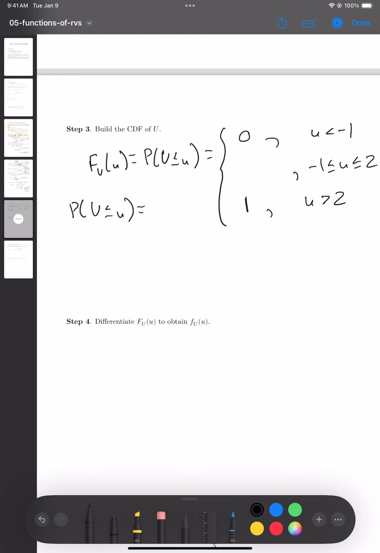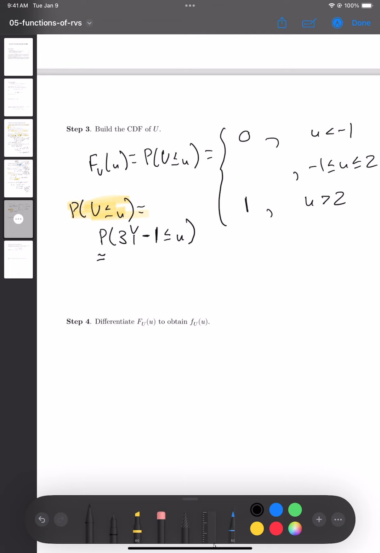I really want this quantity to be in terms of capital Y, not capital U, because I know the distribution of capital Y. So I'm going to plug in the definition of the random variable u from the problem. Little u is still just some number, so that stays the same.